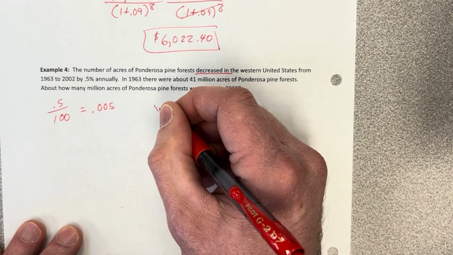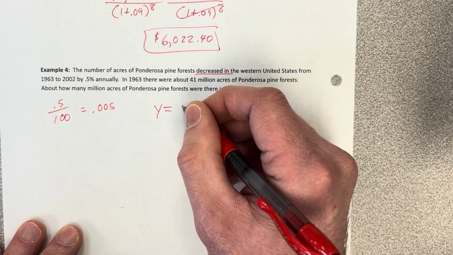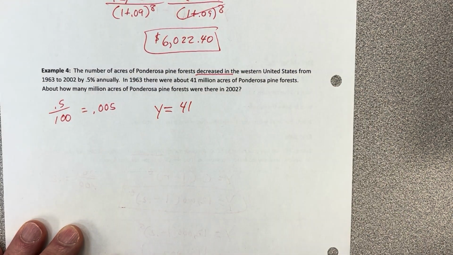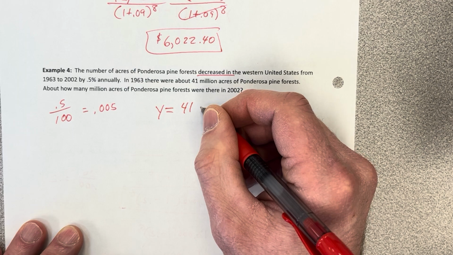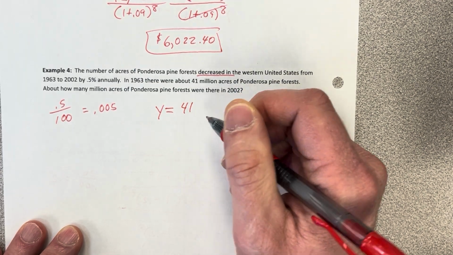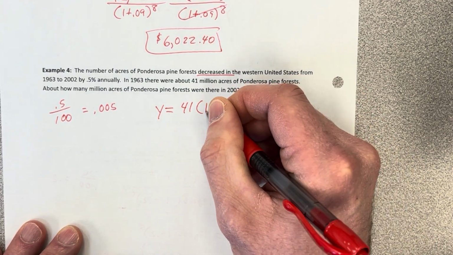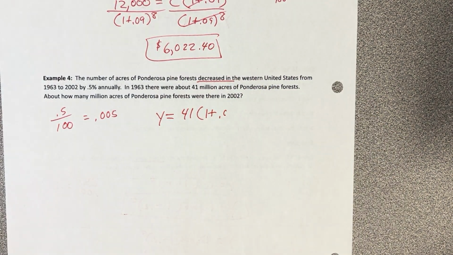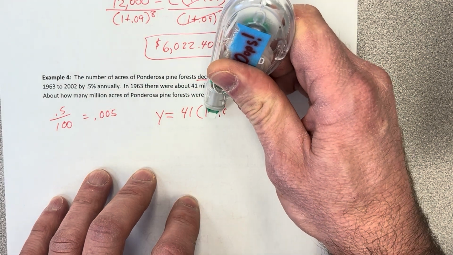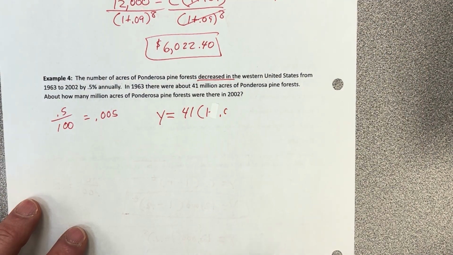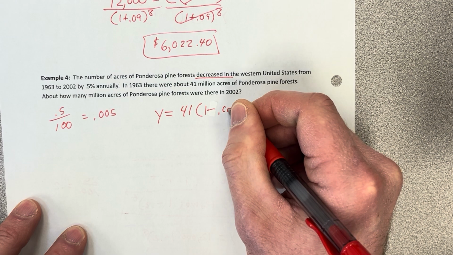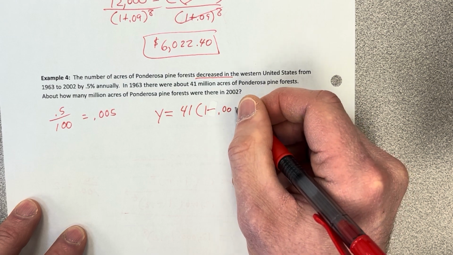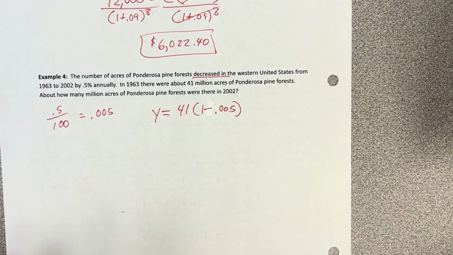All right. So y equals, so 41 million acres to start out with. So at the end we'll say million, with our answer. And then 1 plus, nope, not plus, is it? It's decreasing. So we'll do a minus 0.005. And then here's the thing.